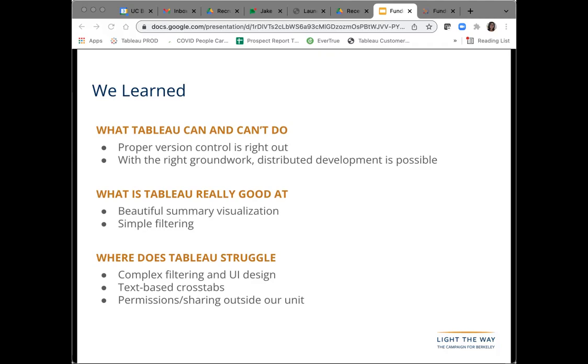Things that Tableau doesn't do well: complex filtering and UI design. I would give a shiny nickel for the ability to say, if I made this choice in this filter, then and only then did this filter appear.